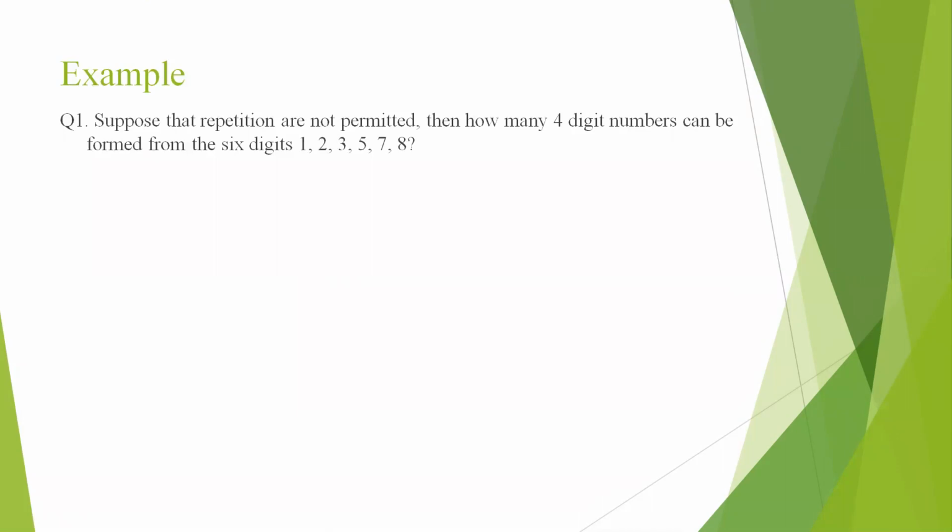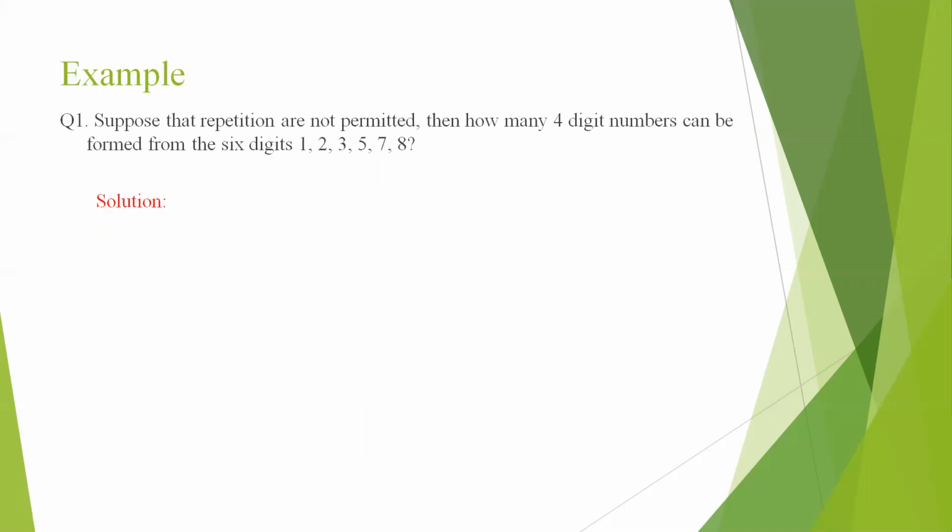Suppose the question is: suppose that repetitions are not permitted, then how many 4-digit numbers can be formed from the 6 digits 1, 2, 3, 5, 7, and 8. Now in this question, we have 6 different numbers, and out of this, we are using only 4 digits.